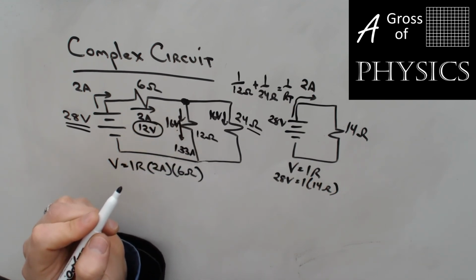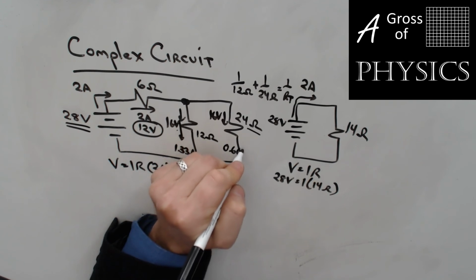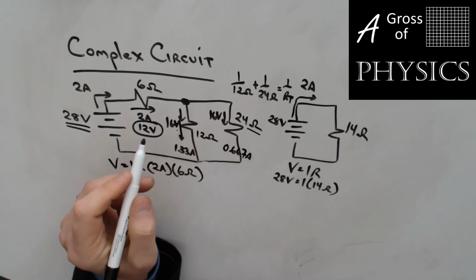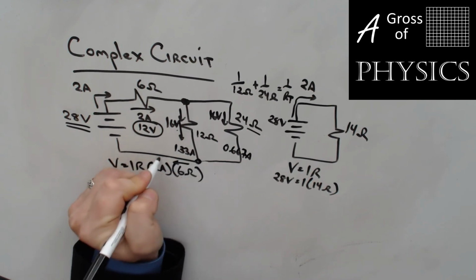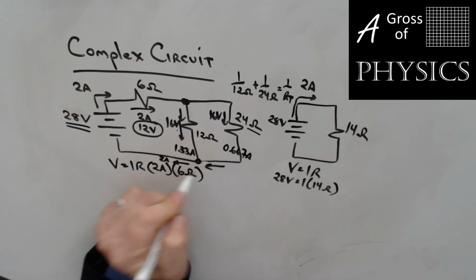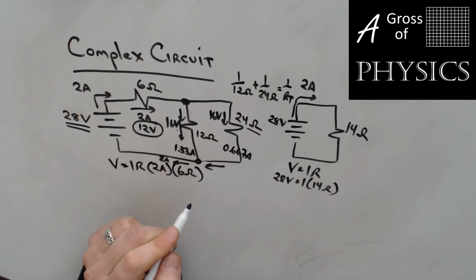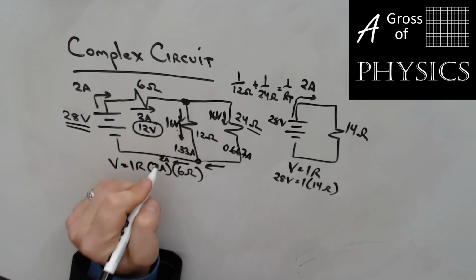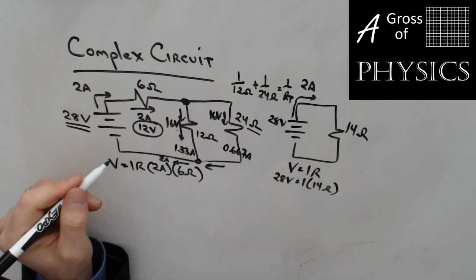And 16 divided by 24 gets me 0.667 amps. Now, let's verify. There was 2 going back to the battery, 1.33 going down, and 0.667 going in. What's 1.33 plus 0.667? Look at that, 2 amps. So we can always verify our answers at the very end.